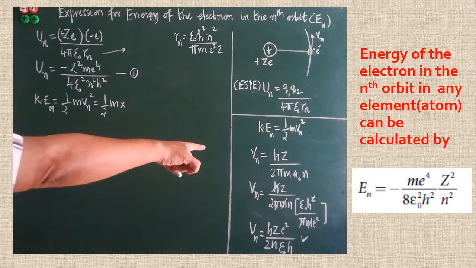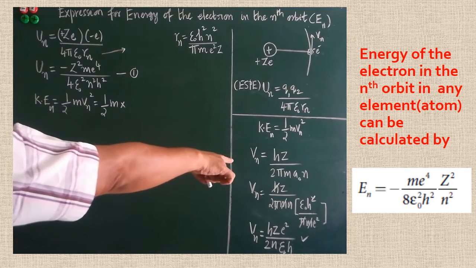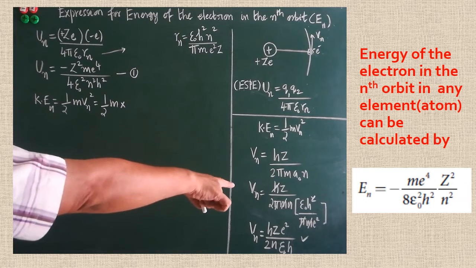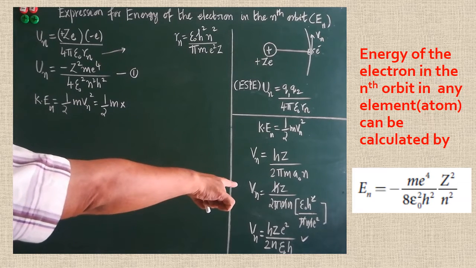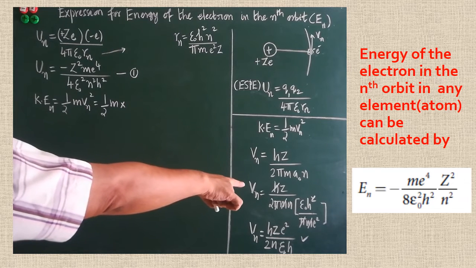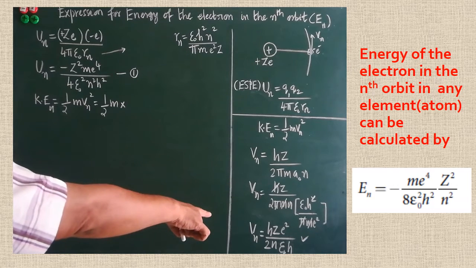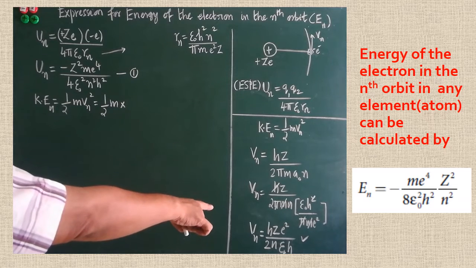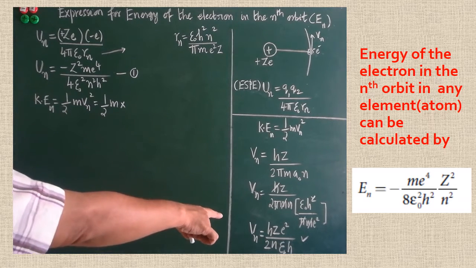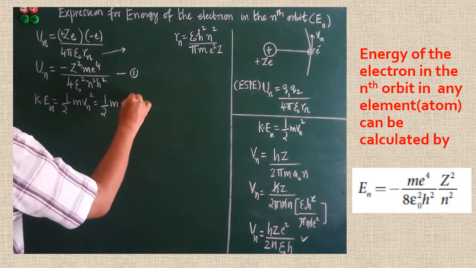The expression for vn is hZ divided by 2 pi m a naught n. Instead of a naught, I have substituted the Bohr radius expression that we already calculated. After that we got the new expression for vn, that is hZe square divided by 2 epsilon naught n h. That expression must be substituted here.